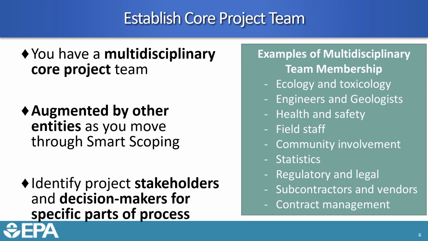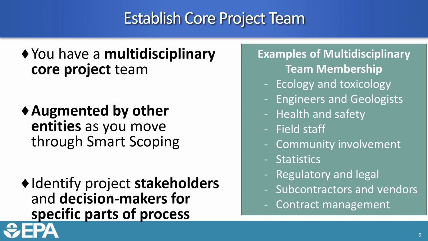It's important to identify also the project stakeholders and decision makers for specific parts of this process. Stakeholders might be individuals that may influence the decisions that you make, for example the landowners, maybe political individuals that need to be involved.